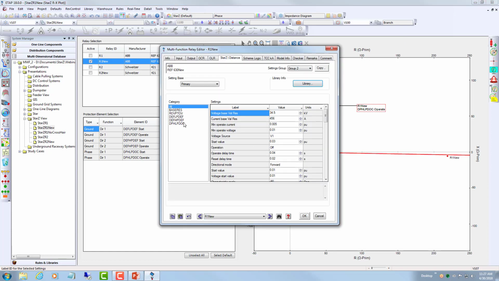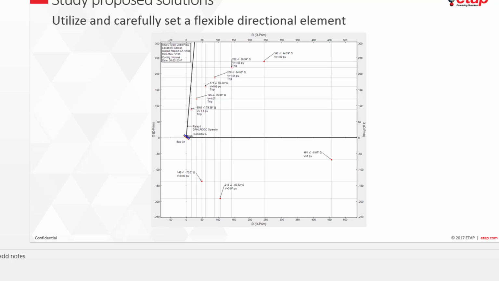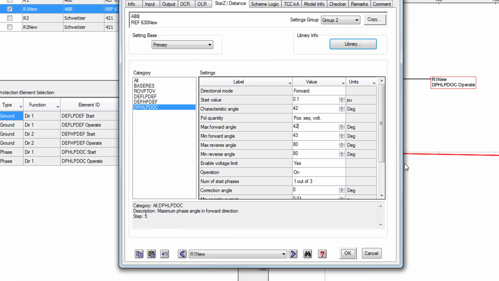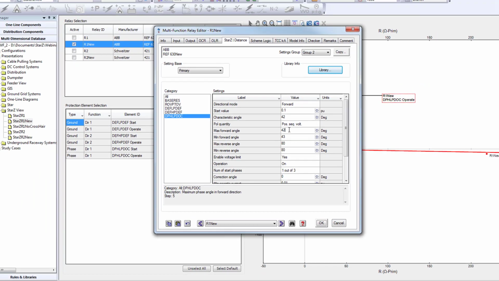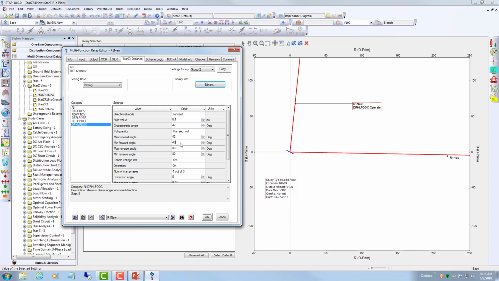If I click here and look at the settings of this characteristic, this is again from that published paper. So let me show you the paper. This is from this paper. The second one is covering how ABB proposed to solve this issue. They have set the RCA to 42 and the max forward angle to 42, and the min forward angle is 43.